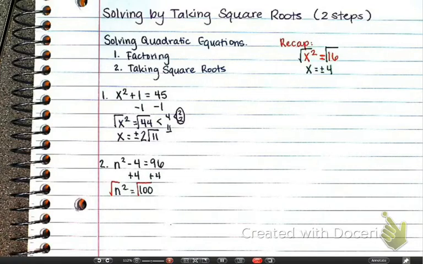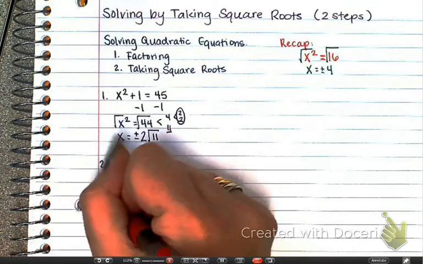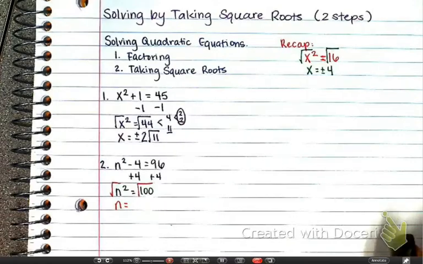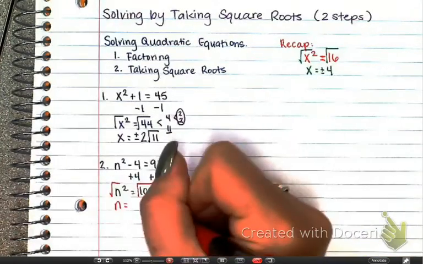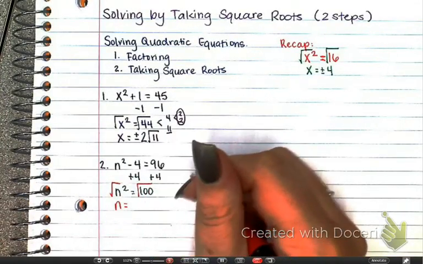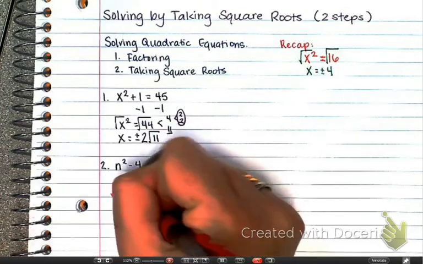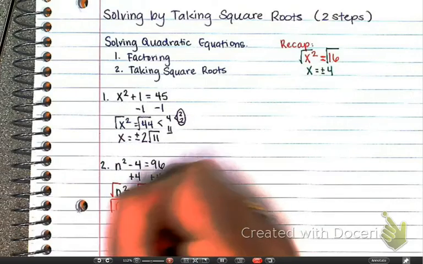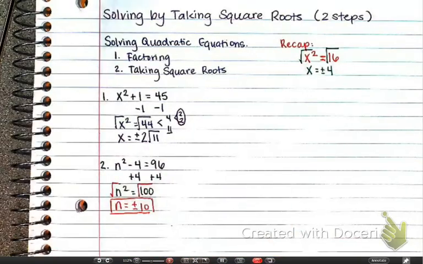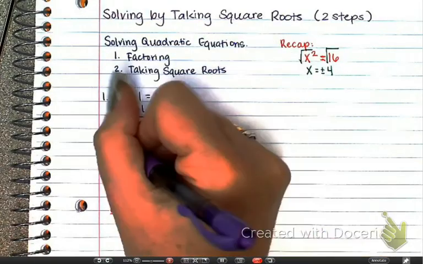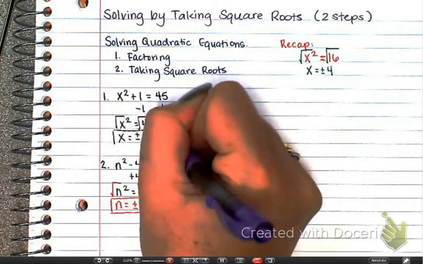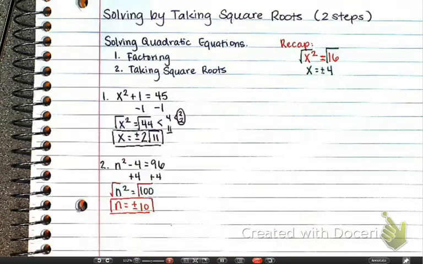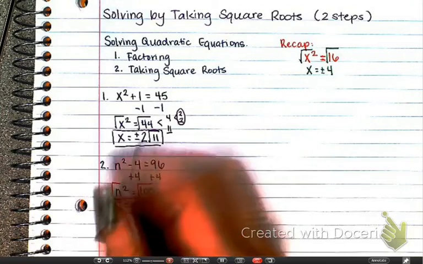Is 100 a perfect square? So n equals what? Ooh, did y'all just say 10? Plus or minus 10. Are we okay with that? Okay, so you try this one.